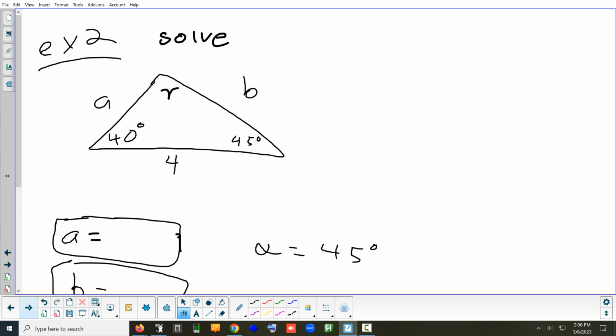So let's try this one. This time they've given you the diagram, so it should be a little bit easier to figure out what type of triangle you're working with. Can anyone describe to me what kind of triangle this is? And I'm looking for 3 letters.